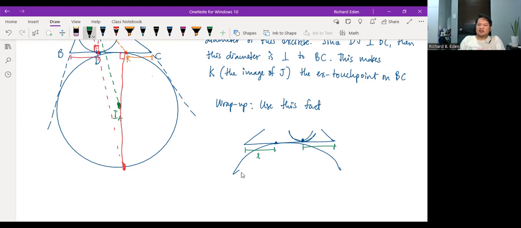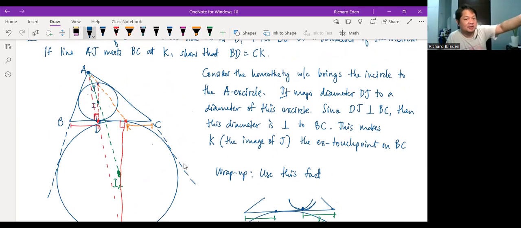So if this is L, then that's also L. All right. So is it possible to prove BT equals KC without using homotheties? I'm sure it's possible, but I haven't necessarily thought about it.